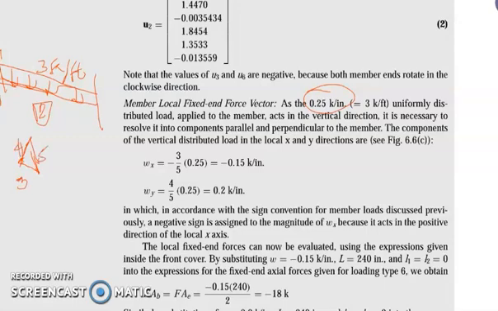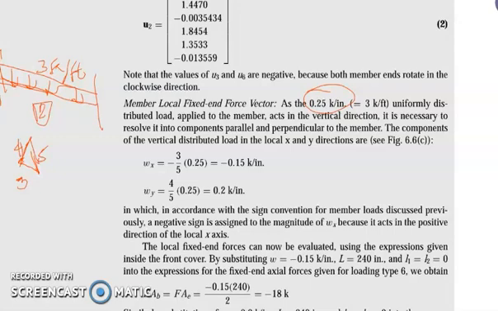Which means that W's of x, the x component of our uniformly distributed load for member 2, will be negative 3 over 5 times 0.25.